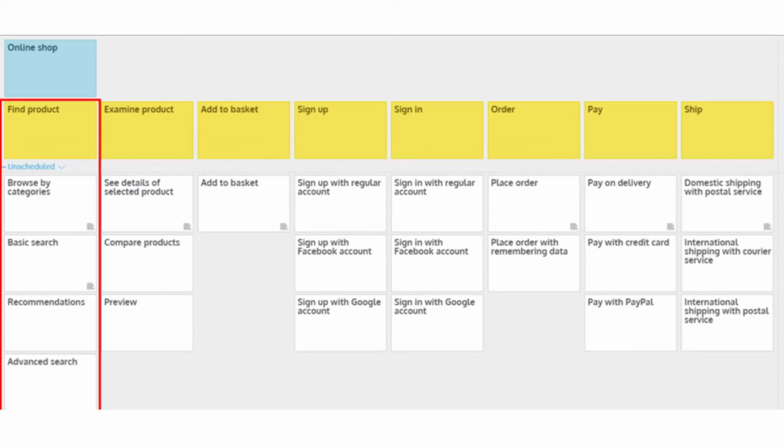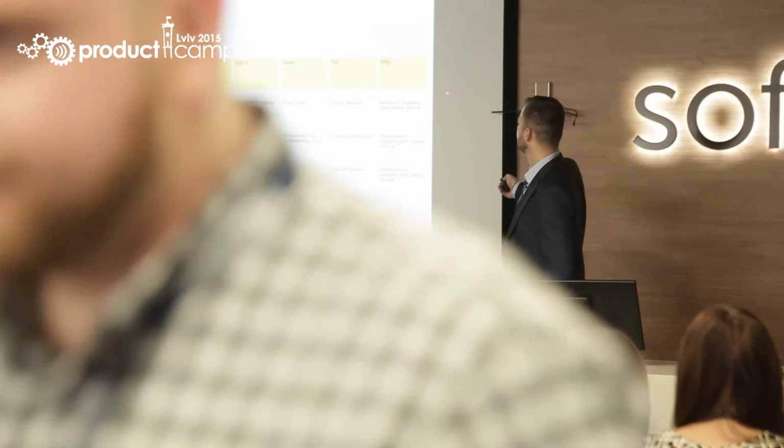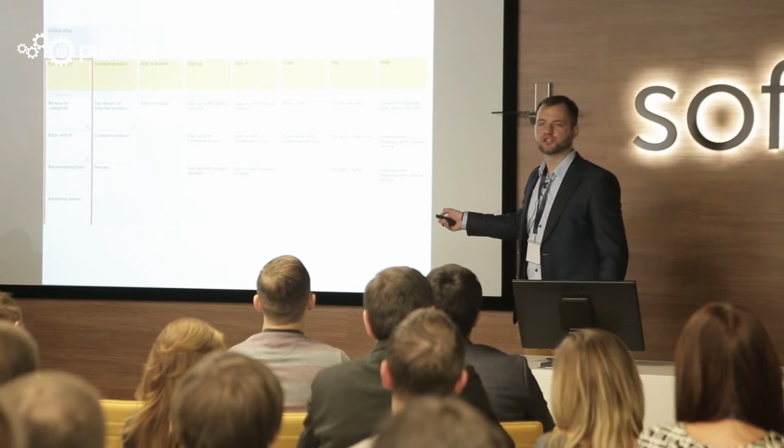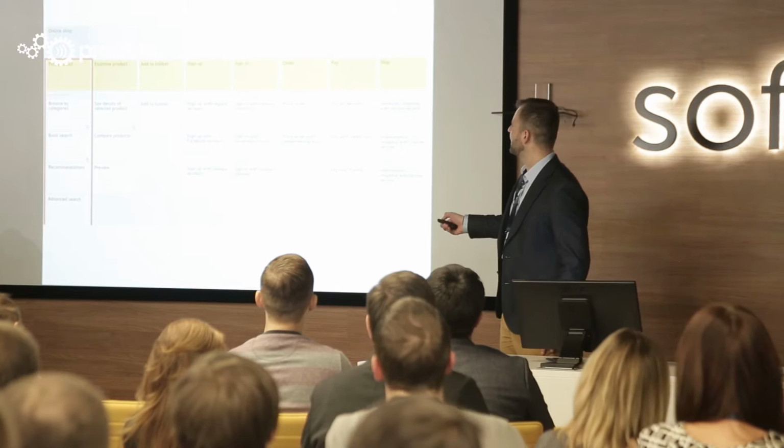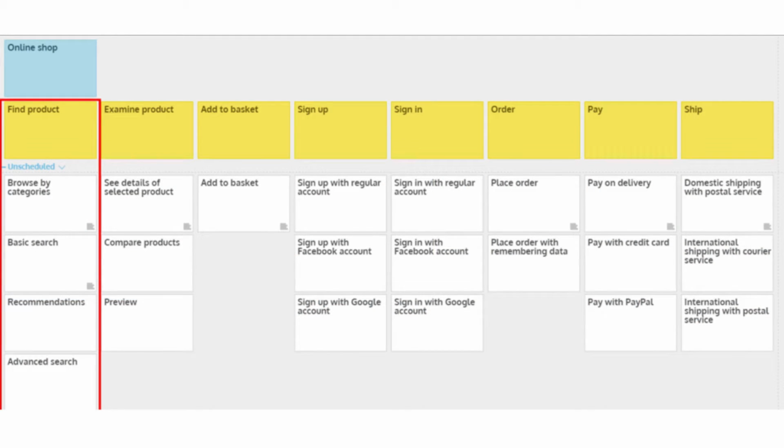During the mapping, we have the areas of functionality over here in the heading. For example, if this is an online shop, this is a Googled example, we would have finding a product, so a search, examining, signing up, ordering, paying, shipping. If I have in my product canvas, elaborating vision, payment, it's just a sentence. Payment by what? By who? What about security? What specific requirements are there? During the workshop with the team and the product owner, we are actually going into the details, but not too much into the details.